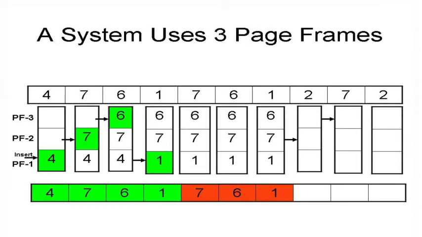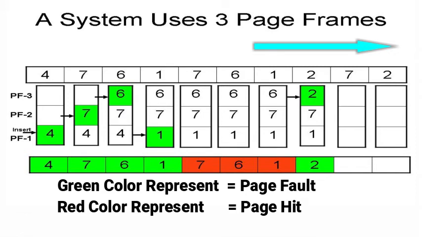Just see here: 6 is not present, only 7 and 2 are present. 6 and 1 are not present here. So first of all, which will come first? 6 will come first. So here we can replace: 6 is replaced by 2.